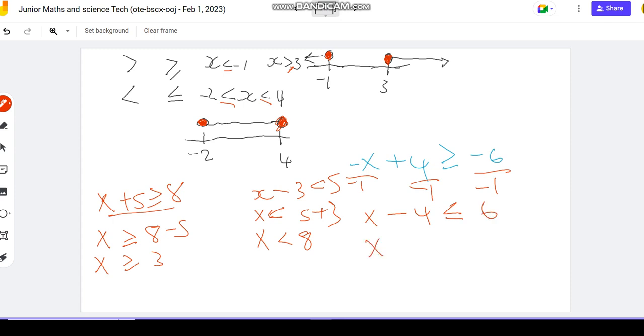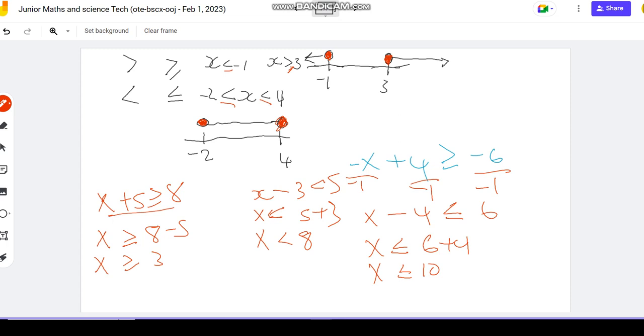Do you see that? And then x will be less than or equal to 6 plus 4, and then it will say x less than or equal to 10. Do you see that? And then that's it.